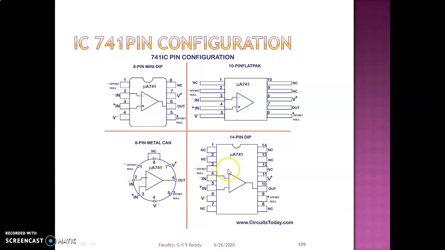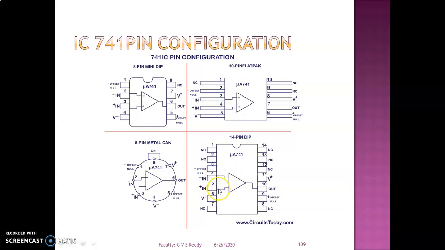Next, the fourth one, the 14-pin DIP dual inline package. It consists of 14 pins. Now we will see each and every pin. The first pin, second pin, 14th pin, 13th pin, 12th pin, and the 8th pin, 7th pin: no connections. And pin number 3 represents negative offset null pin. Pin number 4 represents inverting input terminal.